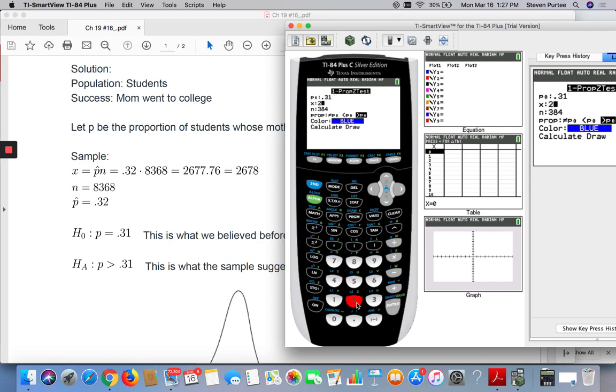Our X is 2678. N was 8368. We chose the greater than alternative hypothesis, so we want to make sure greater than is highlighted here. We hit calculate.